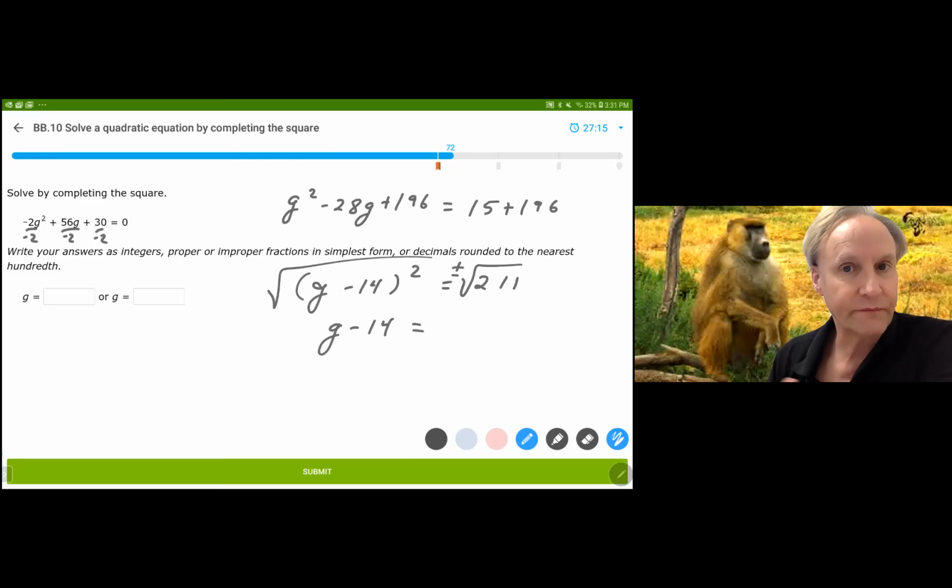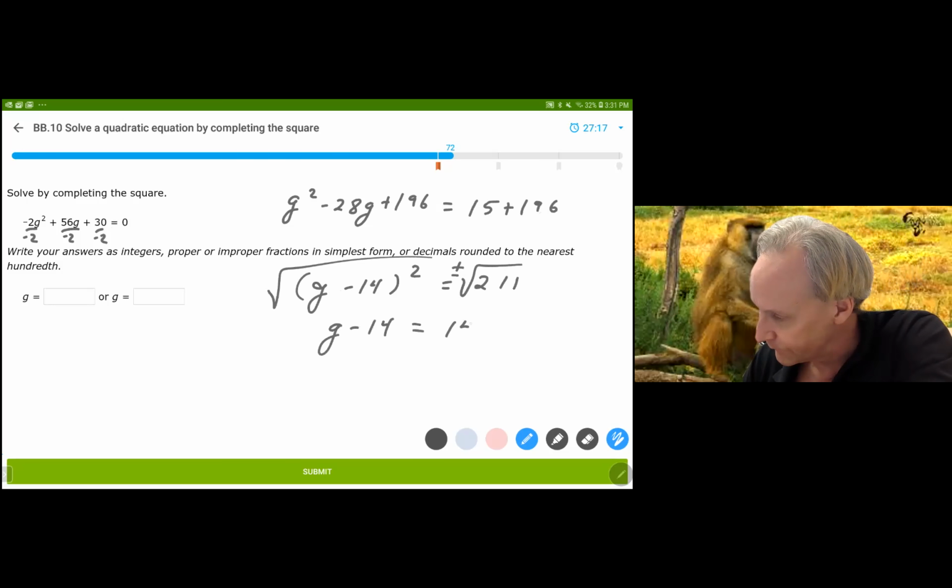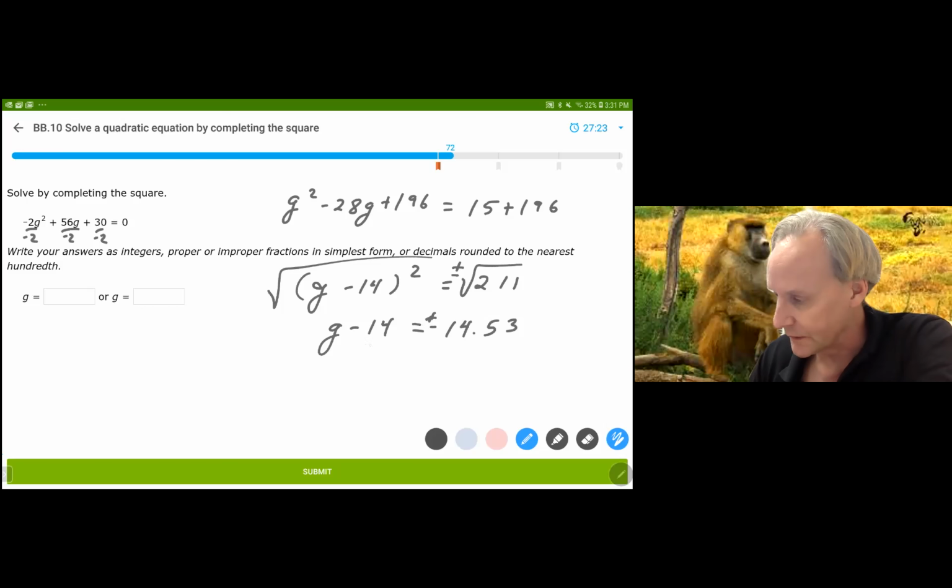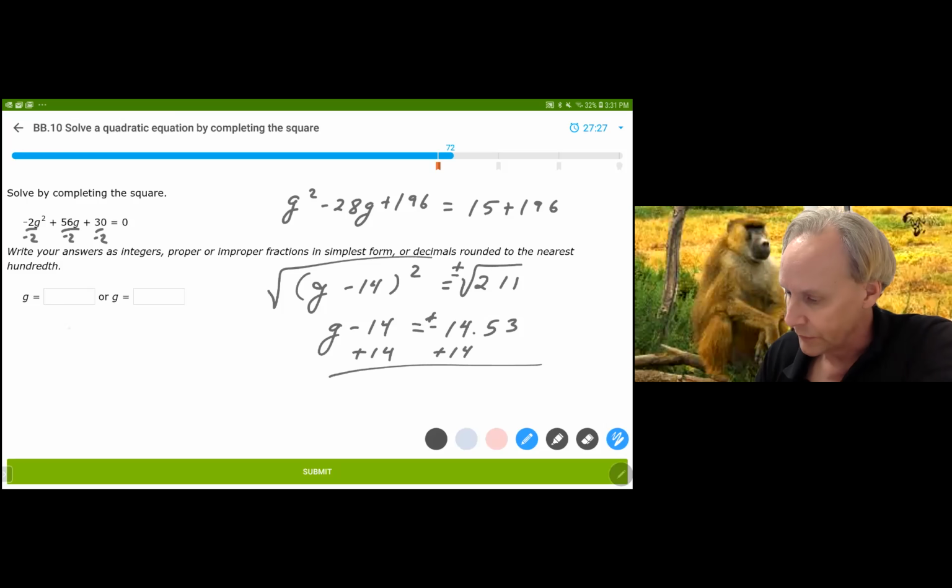we get 14.53. And there's that plus there. I'm going to add 14 to that. And we are going to get g is approximately 28.53 or negative 0.53.